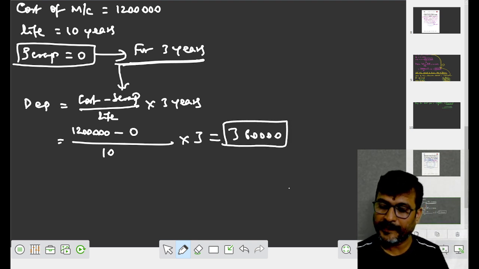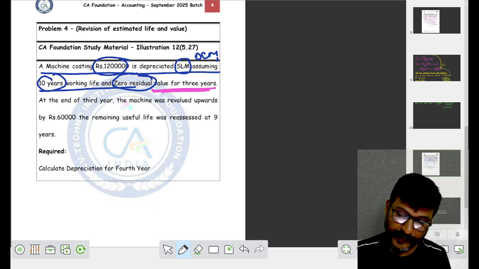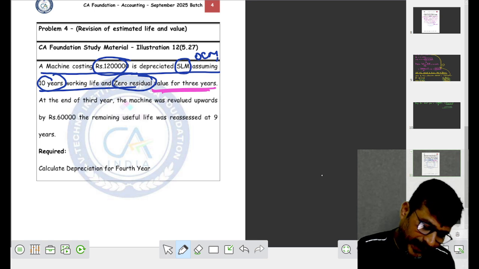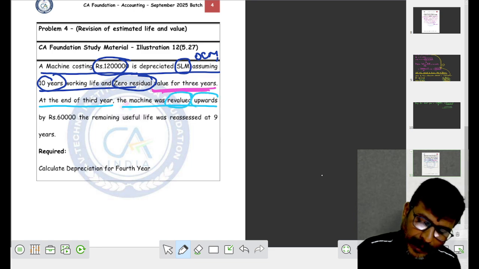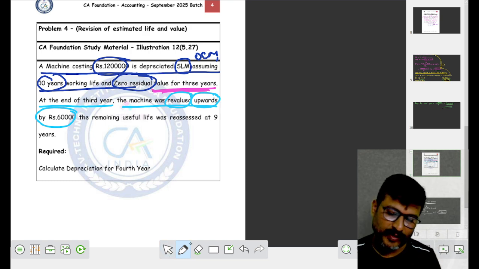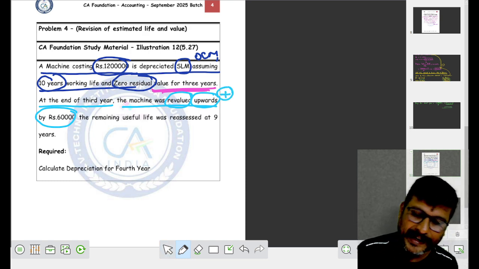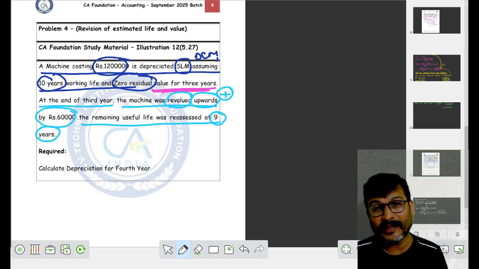That is depreciation for 3 years. See what happens later in the question. At the end of third year, machinery was revalued upward by 60,000. How much upward? 60,000. Upward means add to machinery. And remaining useful life reassessed 9 years. Life is how much? 9 years.